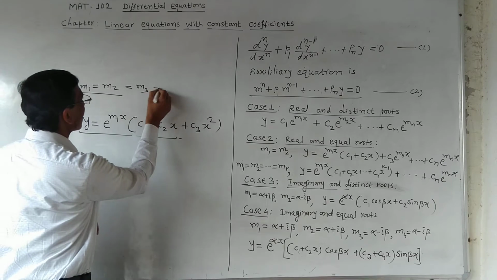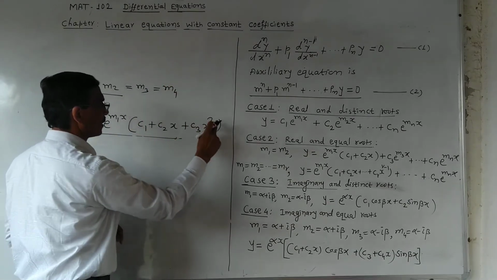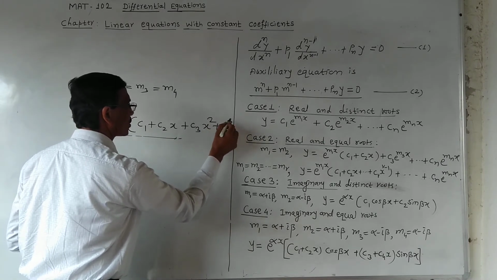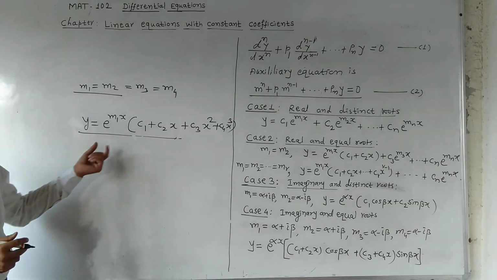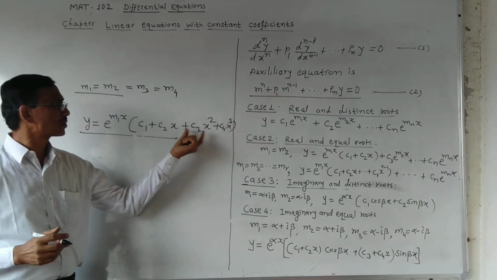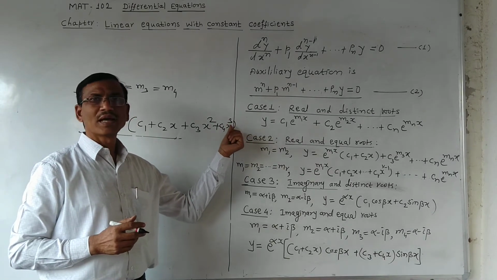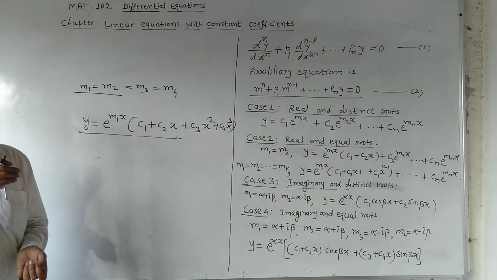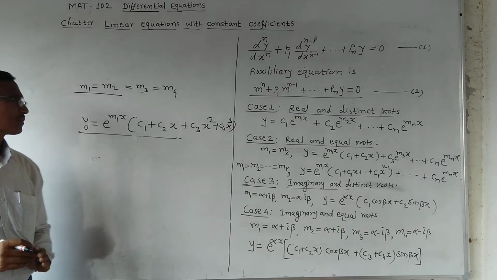If four roots are equal, m1, m2, m3, m4, then we have to add one more term, c4x cube, and the remaining solution as it is: c1 plus c2x plus c3x square plus c4x cube, and after this c5 e raised to m5x, and continue like this.